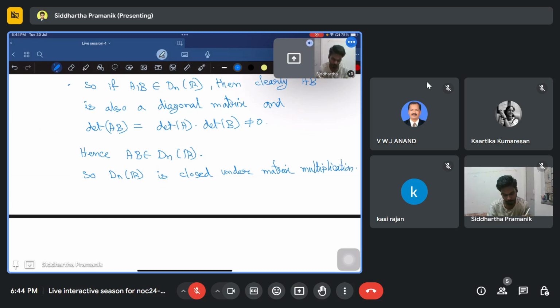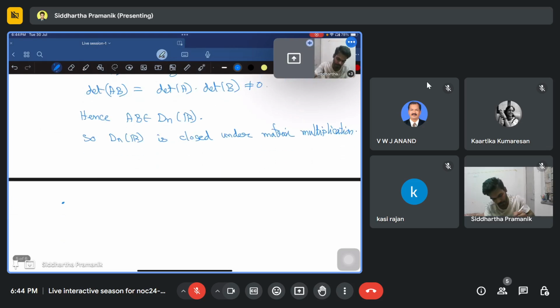Okay, so the second one is the identity element. Again, this will be the identity matrix. So let me just write it. The identity matrix of order n is a diagonal matrix, right? Whose determinant is 1.